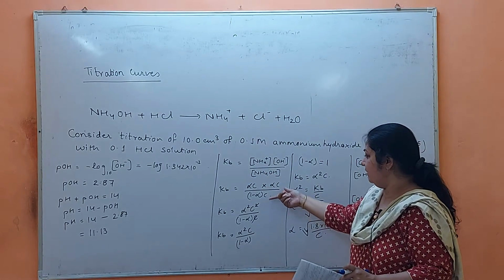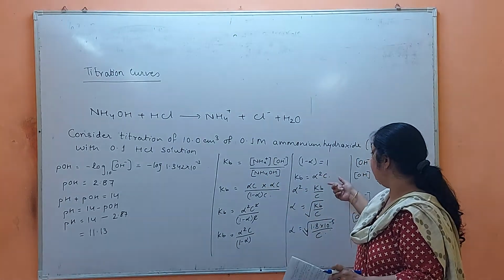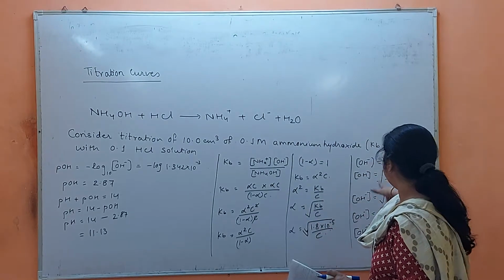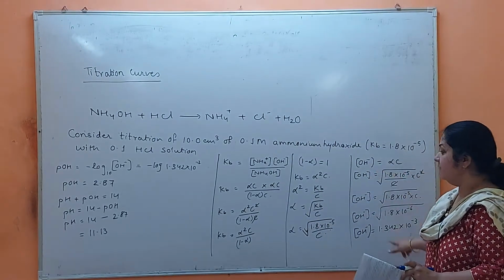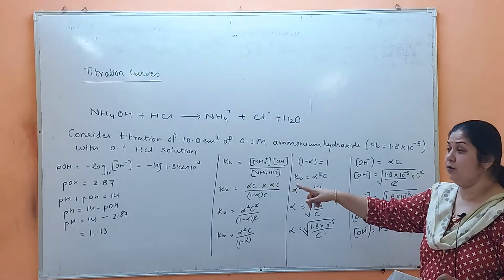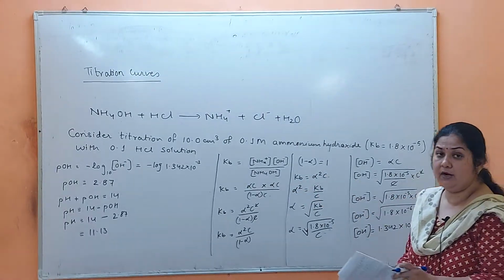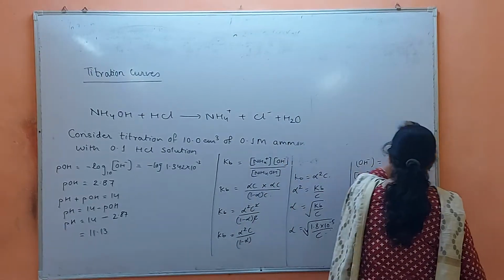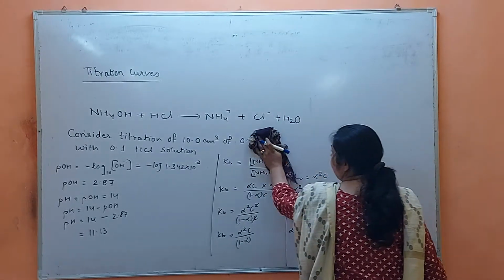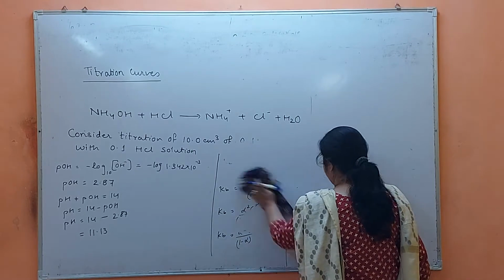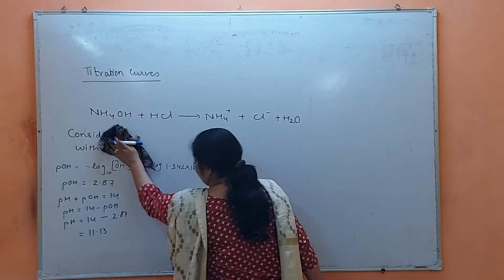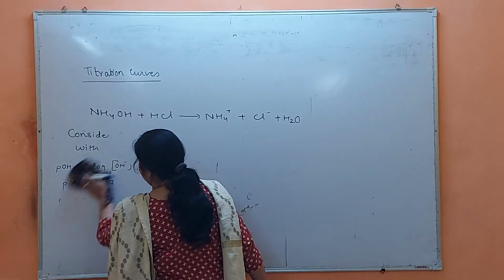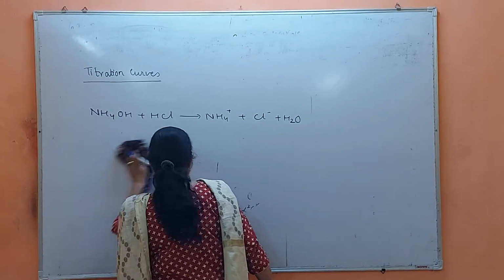From Kb we have found out alpha value, then from alpha value we have moved on to OH minus, from OH minus we have gone to pOH, and from pOH we have found the pH. This was at the beginning, this is the first stage. So 11.13 is the pH at the first stage.